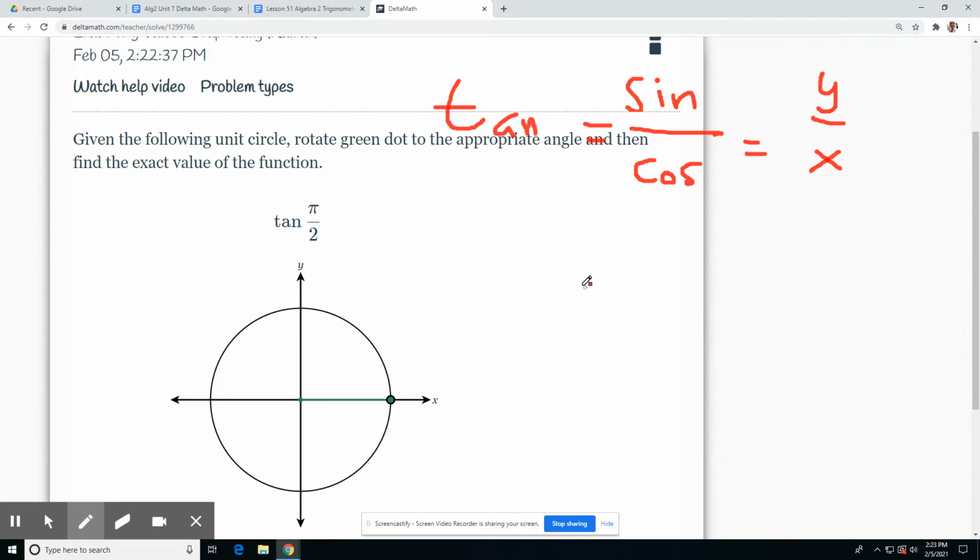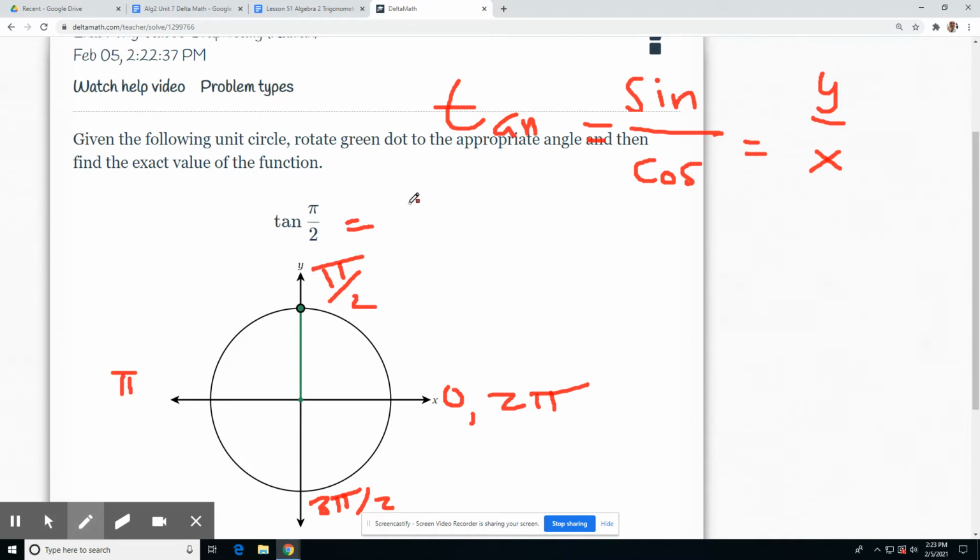On this one, pi over 2 is this right here, right? So this is 0 to pi. This is pi over 2. This is pi. This is 3 pi over 2. And then we hit our 2 pi. So what would be the value here using this one?